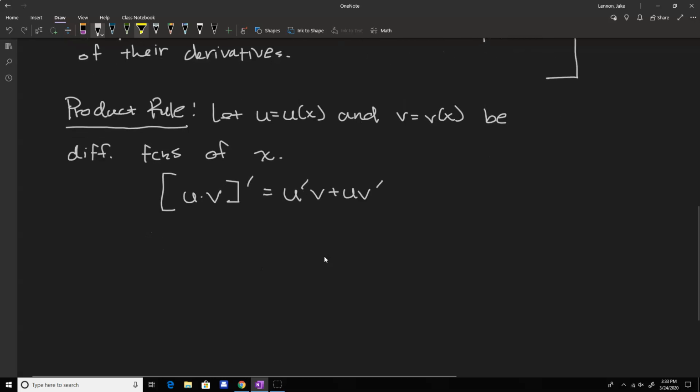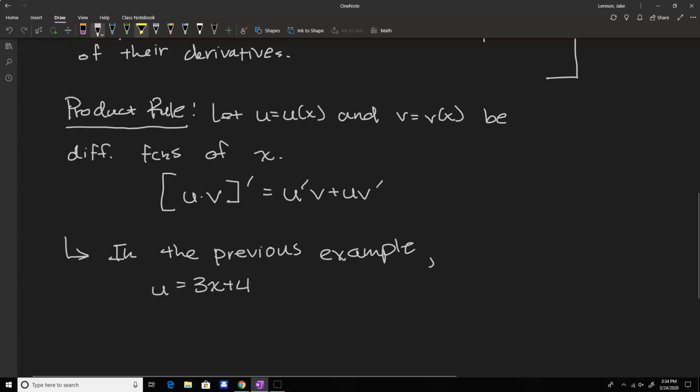So let's confirm that this would work in the previous example. What did we have? Well, let's call f of x u. So u would have been 3x plus 4, and v would have been 2x minus 5.